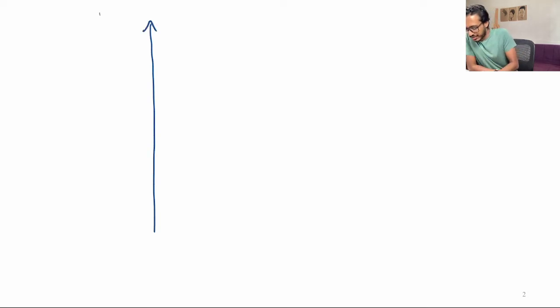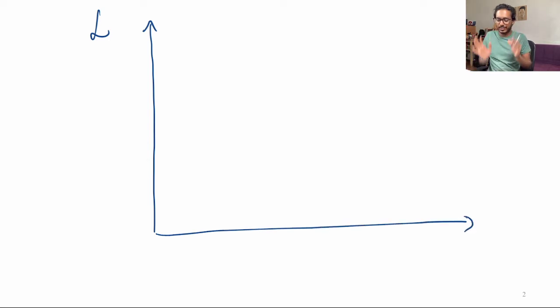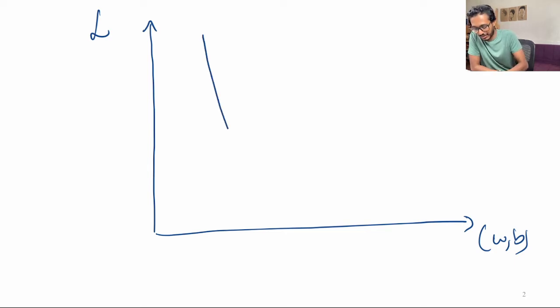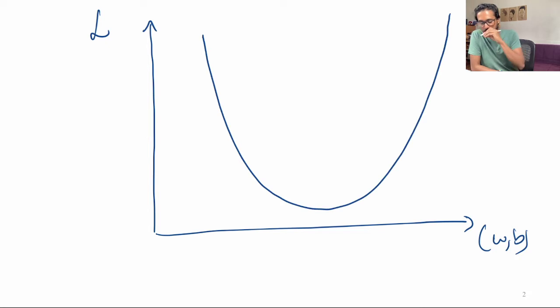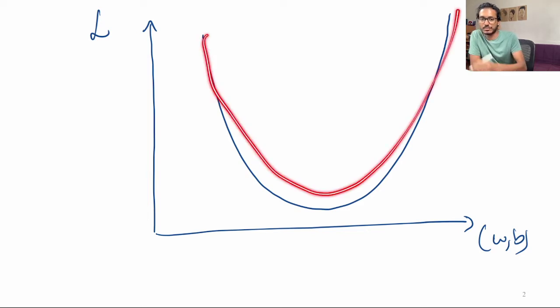So let's try to visualize it a little bit, like a very simple visualization. Let's say we have our loss here, and let's say that just a single value represents all w's and b's, right? So this is not as simple as this, but for the sake of explaining, imagine the loss function exists in a curve similar to this, right?